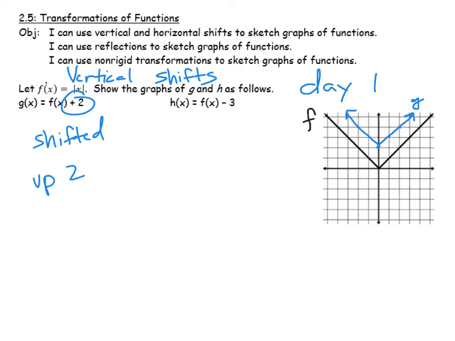If you see addition or subtraction to the entire function, usually sitting at the end of the equation, you've got a vertical shift. Here's h.